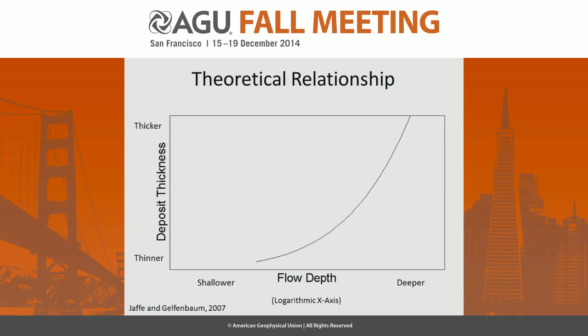And then as flow decelerates temporally, you get a thicker deposit. And we can look at how grain size can affect this relationship. So for a given deposit thickness, if you increase the grain size, you would expect a deeper flow to have formed that.